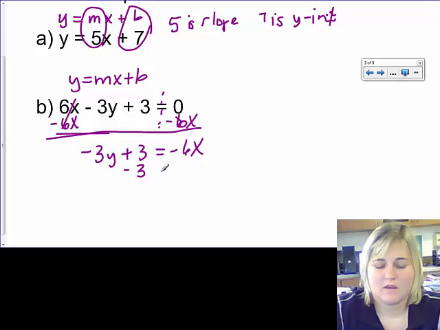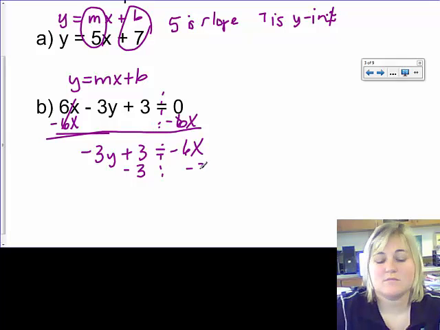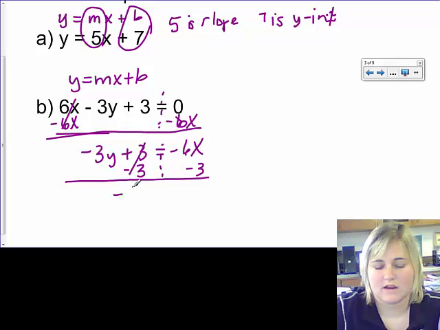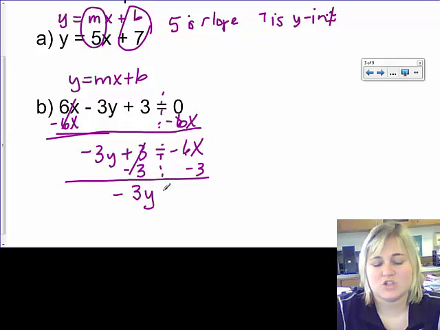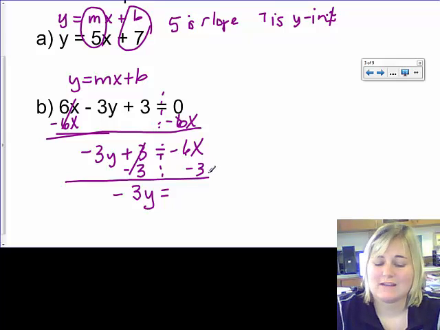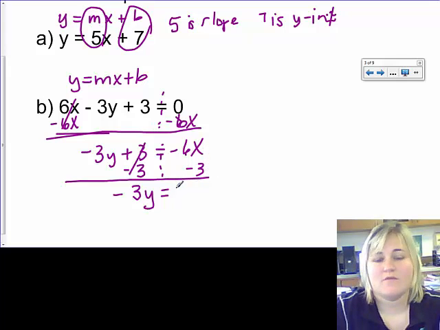So I'm going to subtract 3 from both sides of my equal sign. Now this is where we sometimes get confused. I'm going to bring down my negative 3y and my equal sign. But my question to you is, are negative 6x and negative 3 like terms? I hope you're thinking no, because this negative 3 does not have an x with it. They are not like terms, so I'm just going to tack them together.